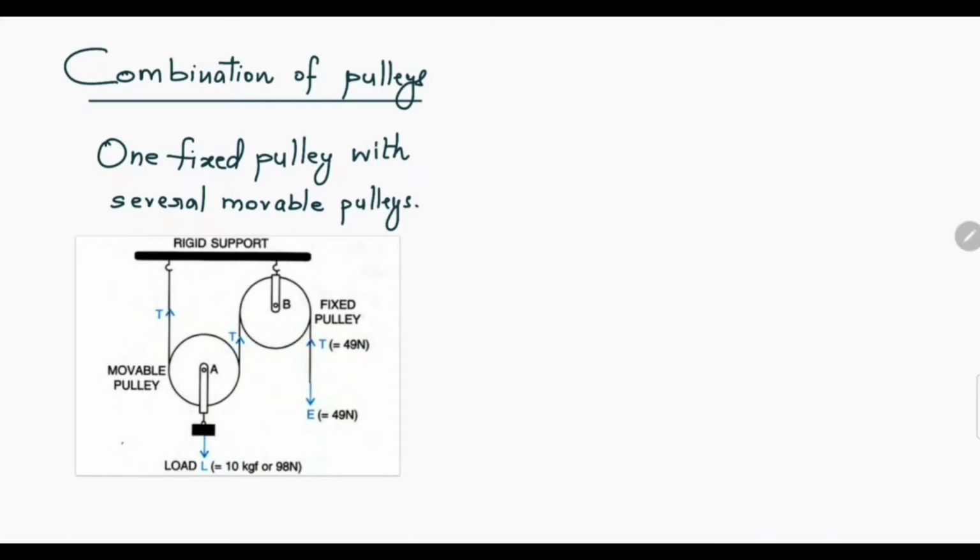In this case, first I will write the formula for ideal condition. In ideal condition, the formula is same for MA as well as VR. MA is equal to VR, which is equal to 2 raised to n, where n is not the total number of pulleys. N stands for number of movable pulleys.